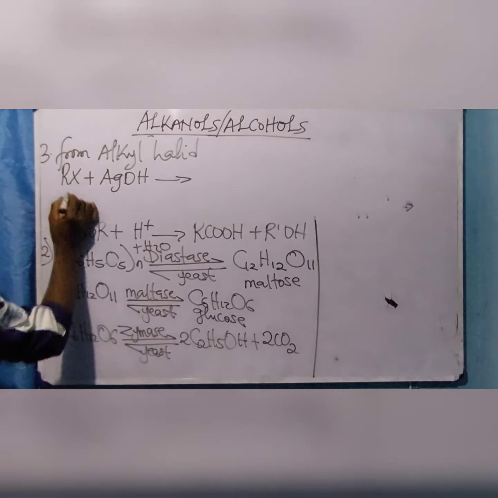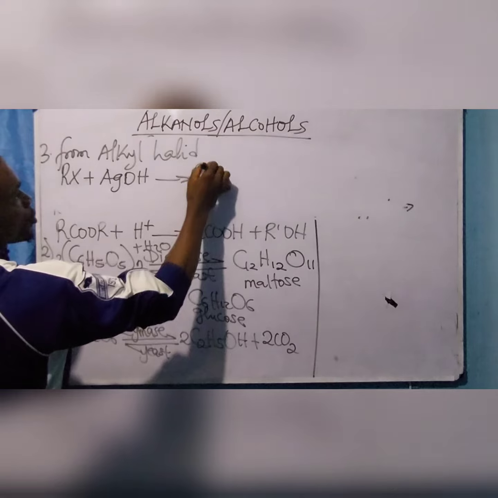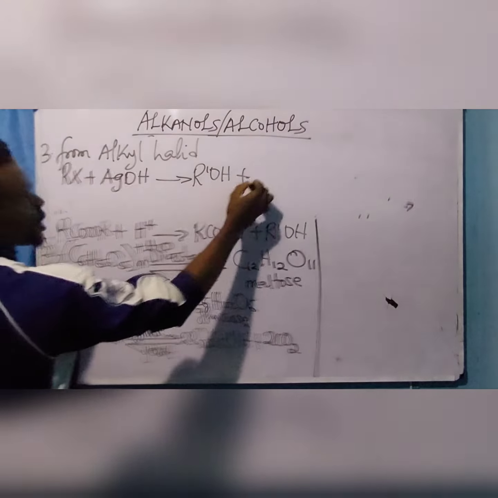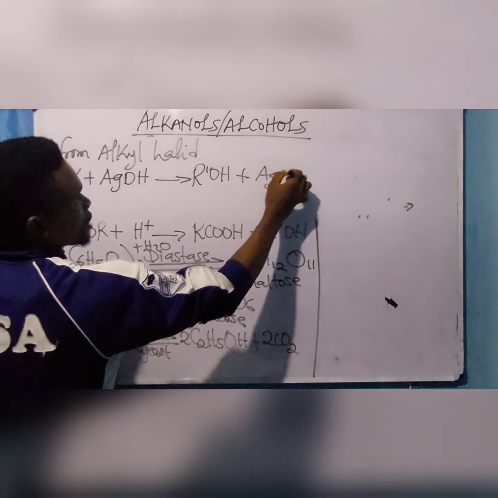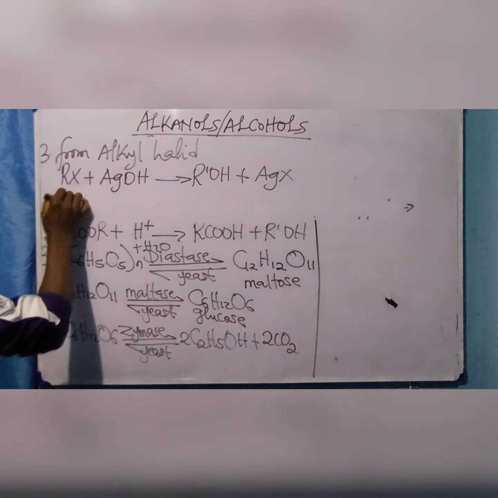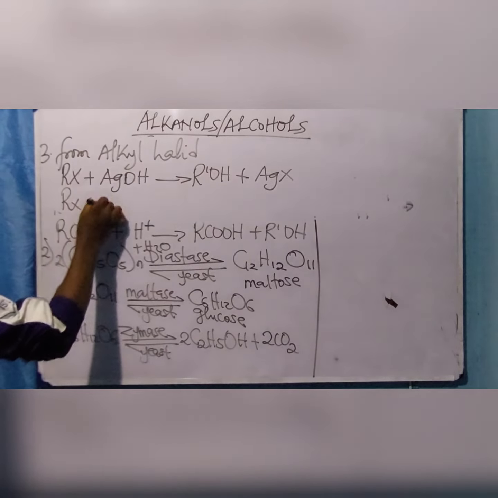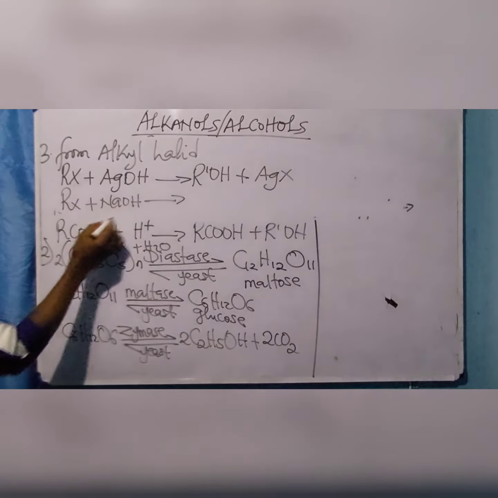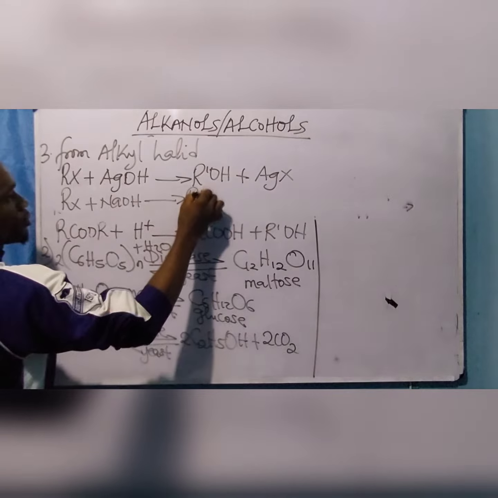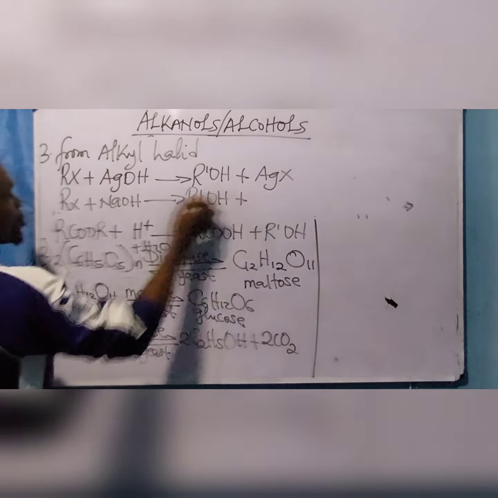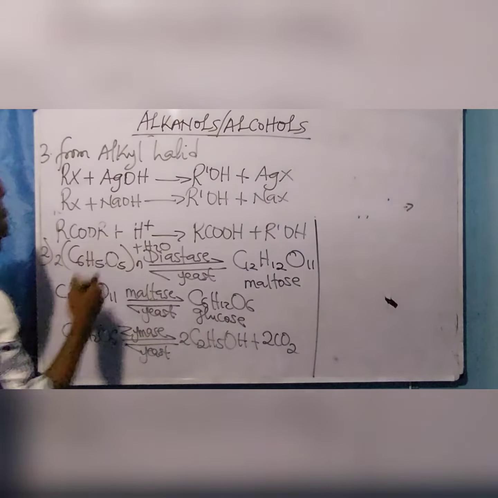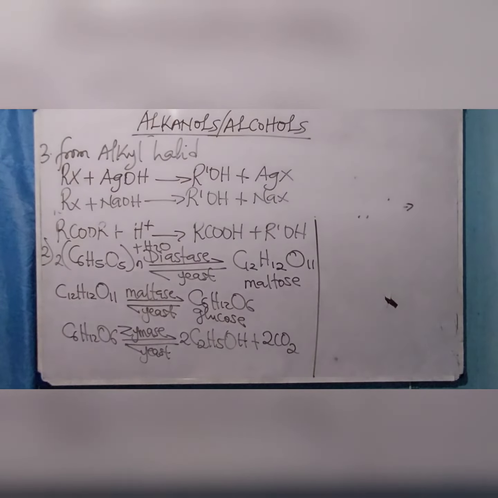This O will come here, becomes R-OH, then this X will go to the back, becomes silver halide. I can also react this halide with sodium hydroxide, and we have R-OH plus sodium halide, right? So these are the ways of preparing alcohols.